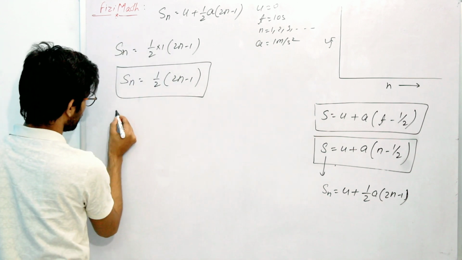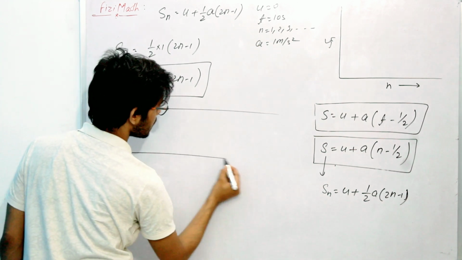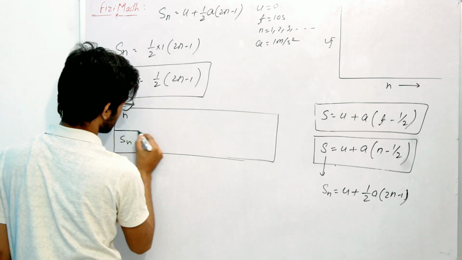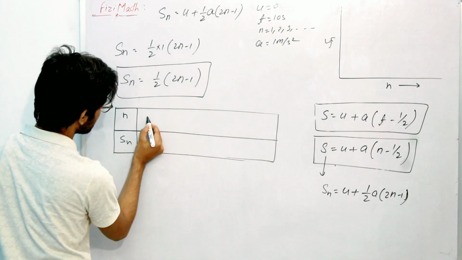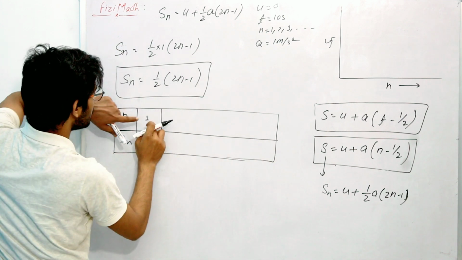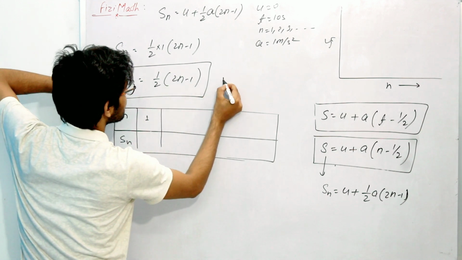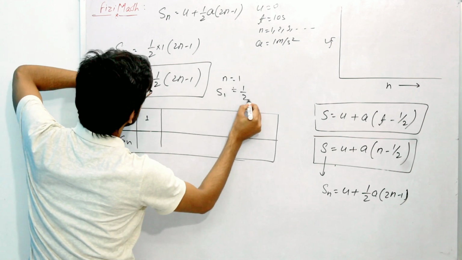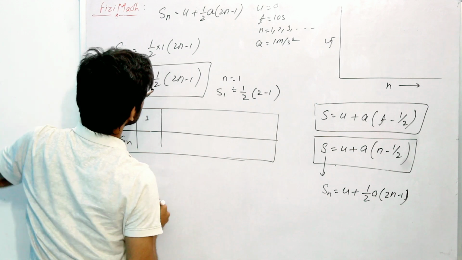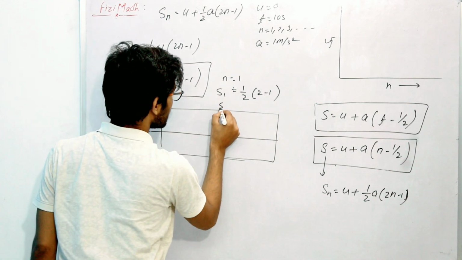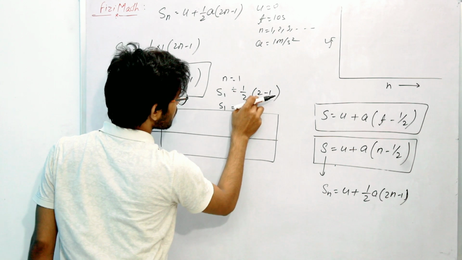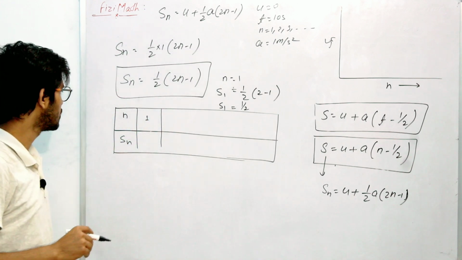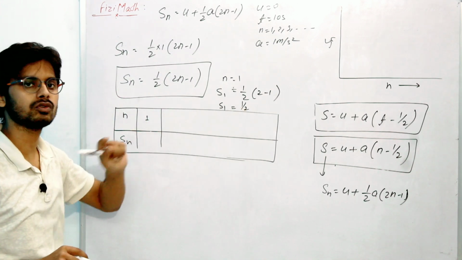So if n is equal to 1, then S1 will be 1/2 (2 minus 1). 2 minus 1 means 1, so it will be 1/2. So when n is equal to 1, S1 is equal to 1/2.